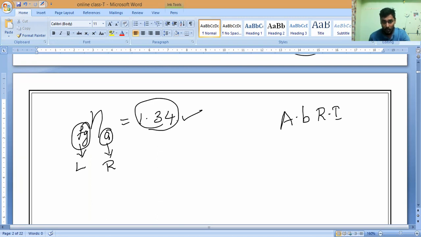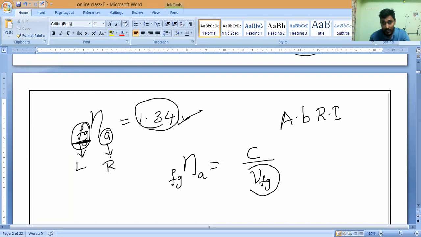Now they have given the refractive index, and they are asking to find the speed of light in flint glass. The same formula applies: refractive index of flint glass equals speed of light in air divided by speed of light in flint glass.